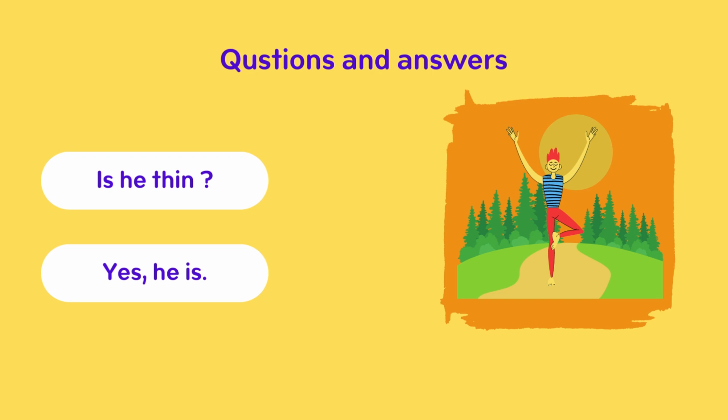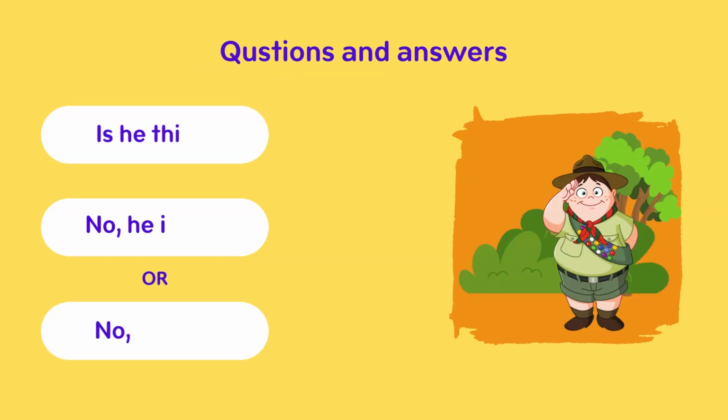Is he thin? If our answer is positive, yes, he is. But if our answer is negative, or we want to answer with no, we say simply, no, he is not. Or, no, he isn't.